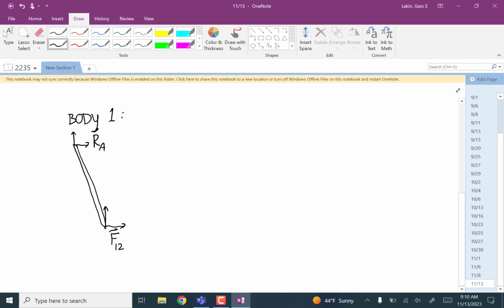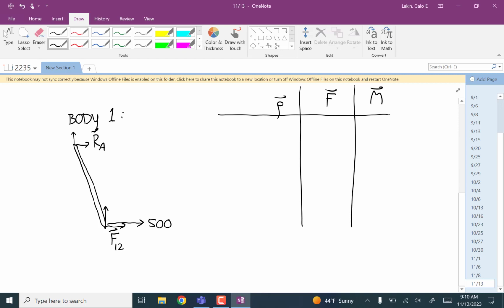And then we're assuming that the pin is part of this body, so the 500 is here. I'm going to put my about point up here. So for the force RA, the row vector is 0. The force is RAX, RAY. Moment is 0.